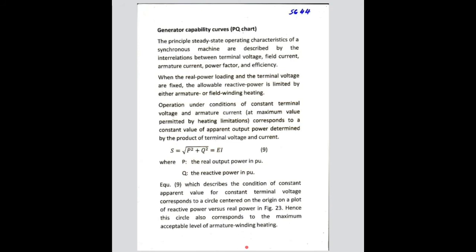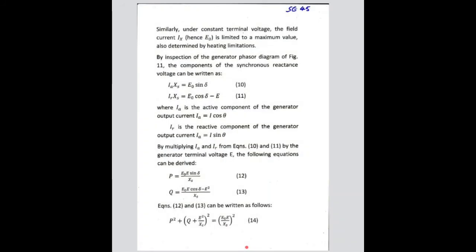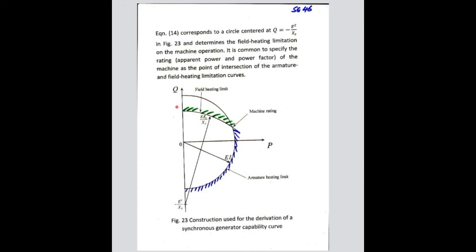And this is what I've shown here in the next slide. So you can see, P is on your horizontal axis and Q is on the vertical axis, right? So we're generating this first circle here, which is called the armature heating limit.